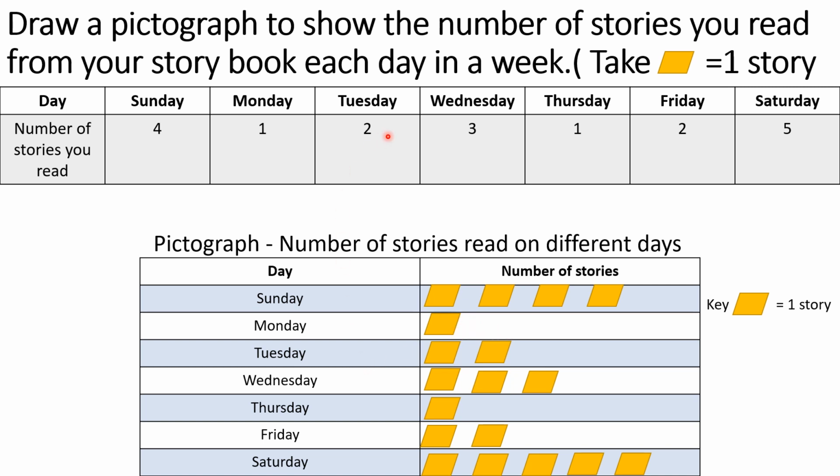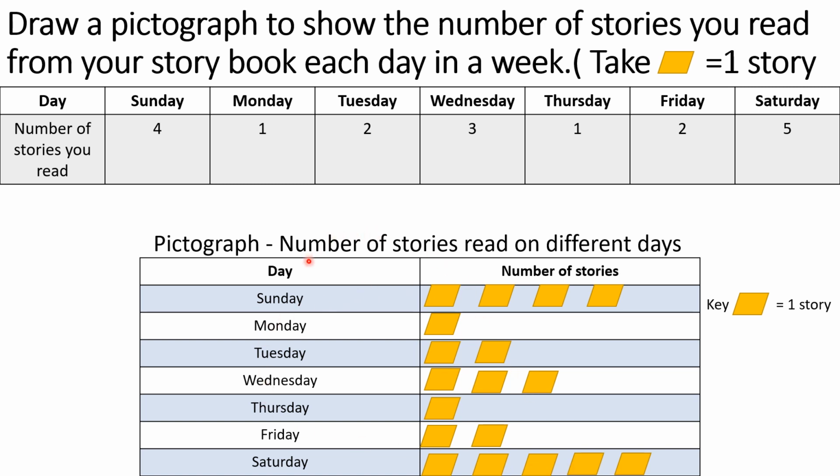For Tuesday there are 2, it means 2 parallelograms. For Wednesday there are 3, it means 3 parallelograms. Then for Thursday there is 1, it means 1 parallelogram. Then for Friday there are 2 parallelograms because 2 stories are there. Then for Saturday 5 stories are there. It means 1, 2, 3, 4, 5 parallelograms. So it is very easy.